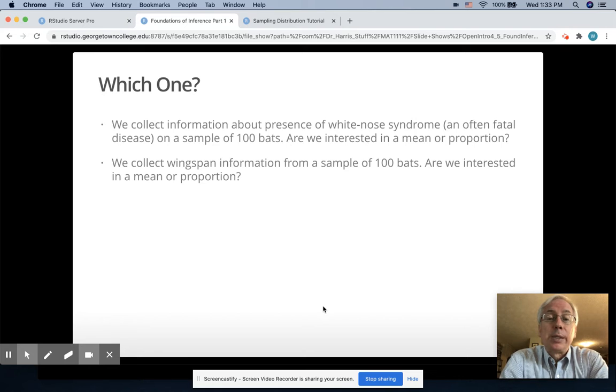So in this instance, are we interested in a mean or proportion? Our second study would be to look at either those same bats or a different sample of 100 bats, and we gather information about what their wingspan is. Are we interested in a mean or a proportion in this instance? I'll give you just a few seconds to think about this. You can stop the video as well and try to answer both these questions. I'll give you a brief period of time before we answer them.